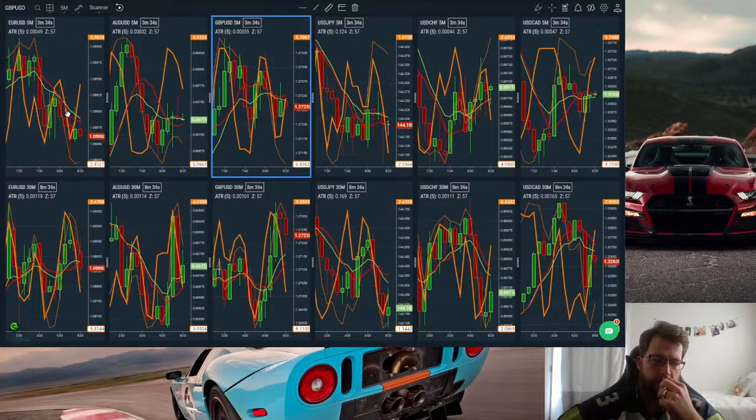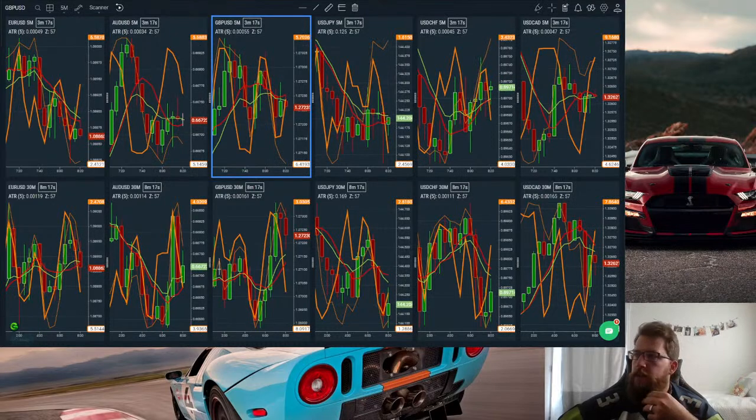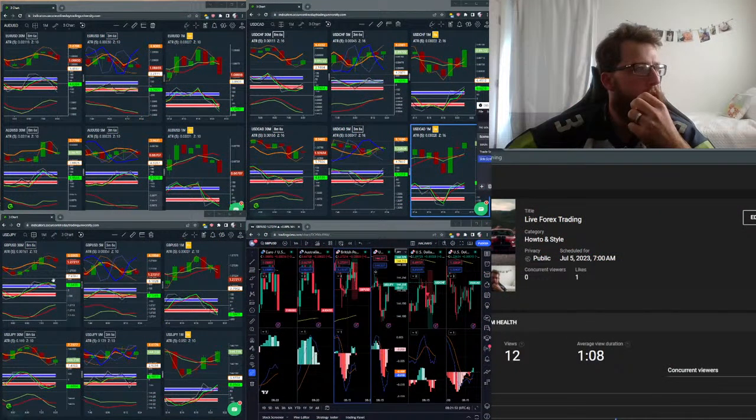I think I mentioned this earlier. I'm currently back testing this in depth to get the exact win rate. But how I'm back testing is, I'll show you on the other screens. So we're looking at this one, for example, the pound.